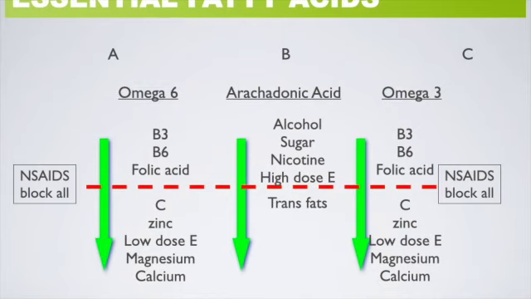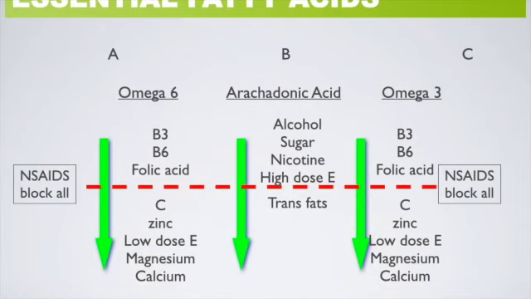PG1s, the healthy sixes, can be converted into PG1s, which are also anti-inflammatory. The arachidonic acids are easily converted into PG2s. So if a diet is high in animal fats, if it's high in all kinds of other nasty things that tend to be pro-inflammatory, you're going to get a high level of PG2s, pro-inflammatory prostaglandins, going on.